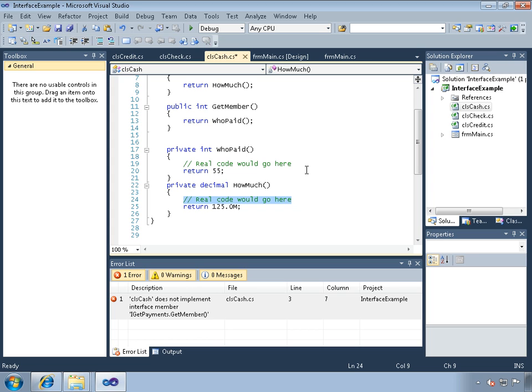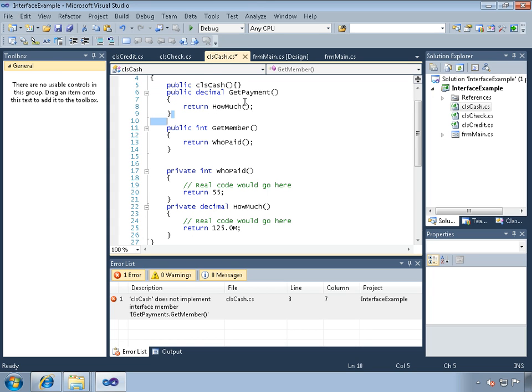In other words, in terms of our discussion before, we don't have any coupling between class cash and the form main in terms of the mechanics of how those things work. We are totally independent. All we have to do is somehow fulfill what these two functions or methods are supposed to return. The same for getMember as to who paid.